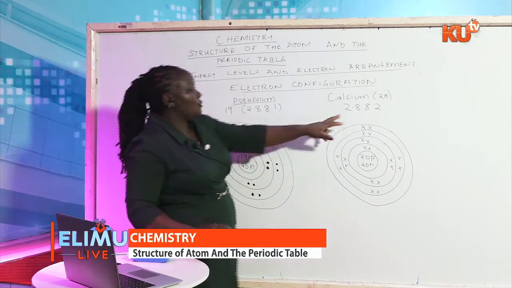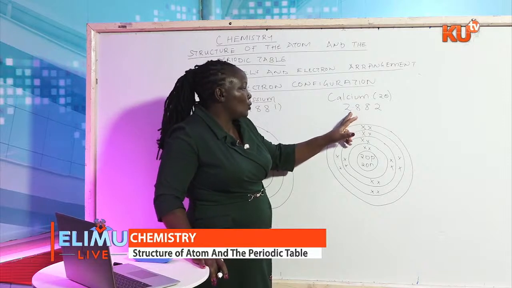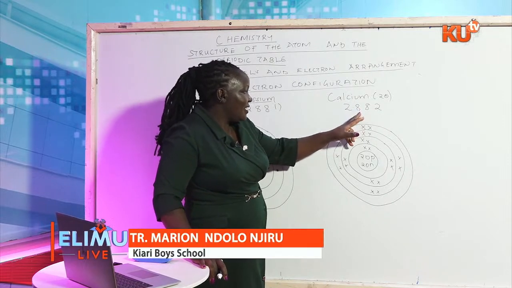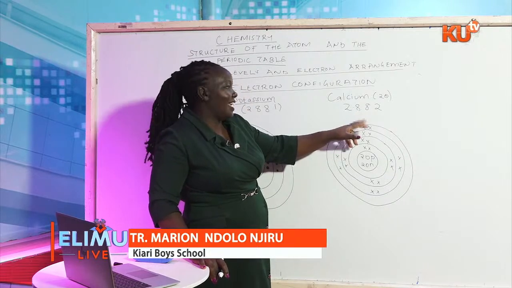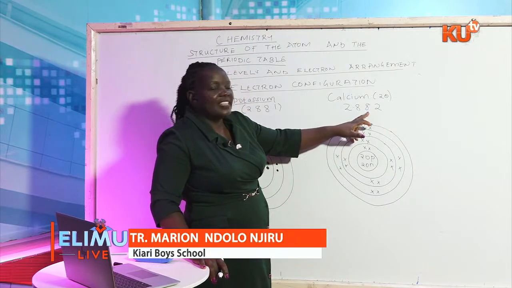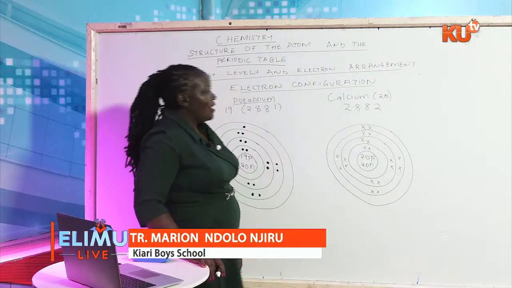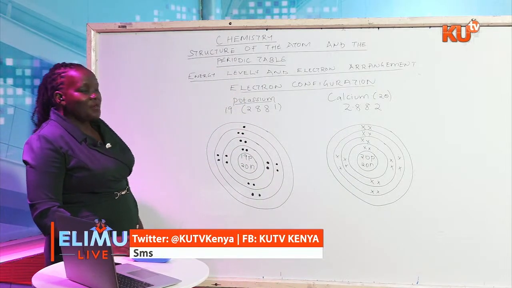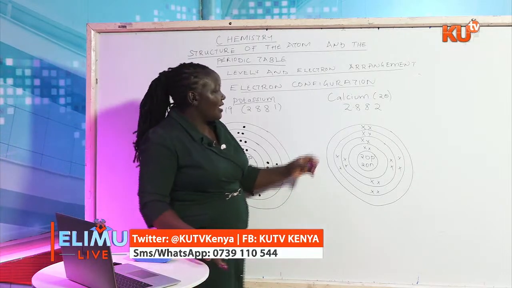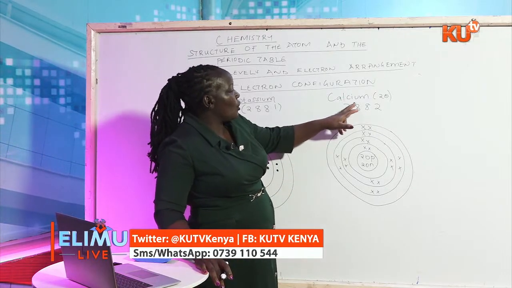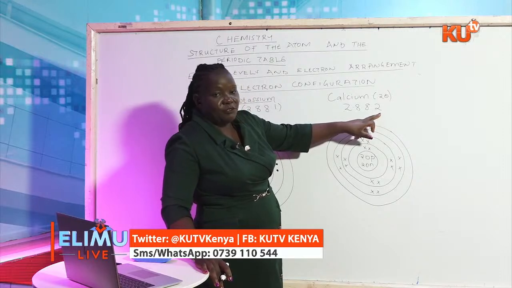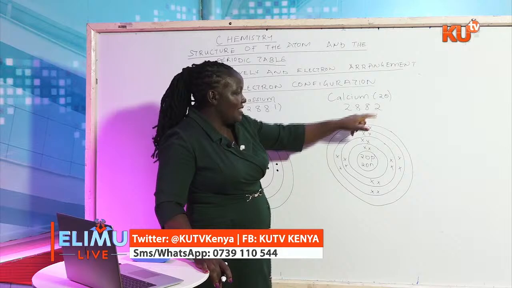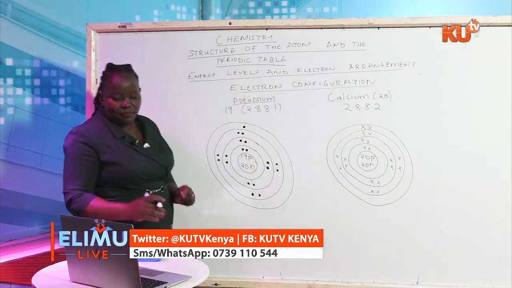When we look at calcium, we have 2 electrons in the first energy level, 8 in the second, 8 in the third, and in the 4th energy level, we have 2. What that means is that the calcium atom has a total of 4 occupied energy levels, and 2 electrons in the outermost energy level.